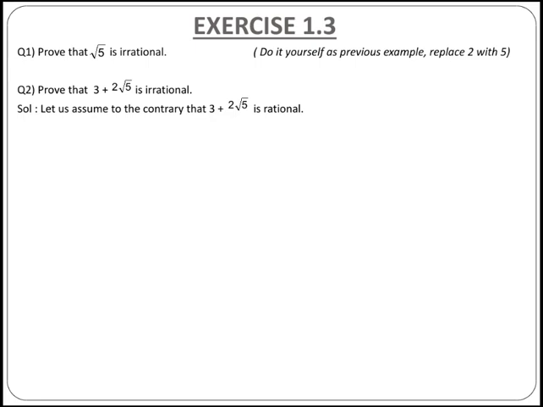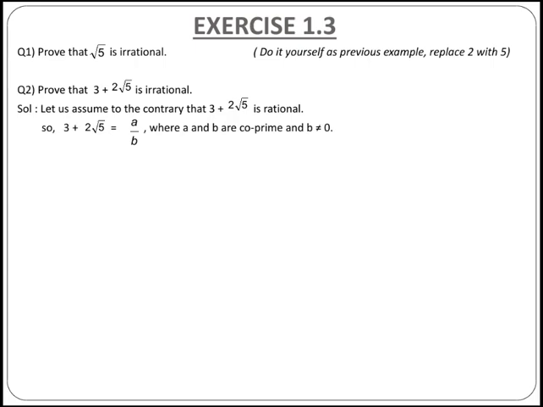Solution. Again we have to take the contrary. That means let us assume to the contrary that 3 plus 2 under root 5 is a rational number. And if it is a rational number, we can write 3 plus 2 root 5 is equal to a upon b, where a and b are co-prime numbers and b is not equal to 0. Now what we have to do, we have to put root 5 aside on the left hand side, and transfer all the numbers to the right hand side.